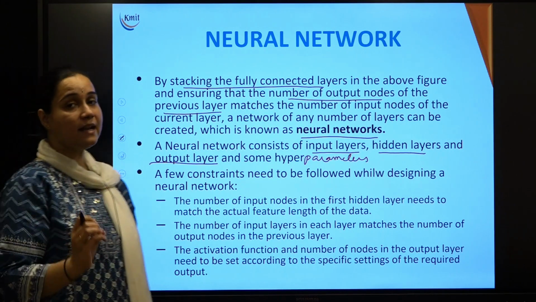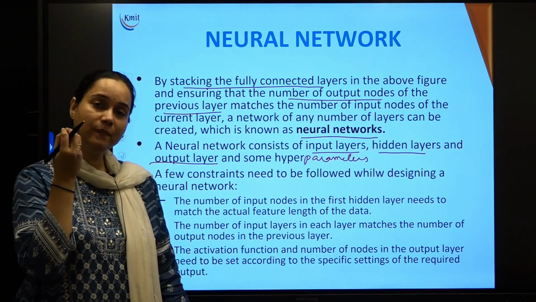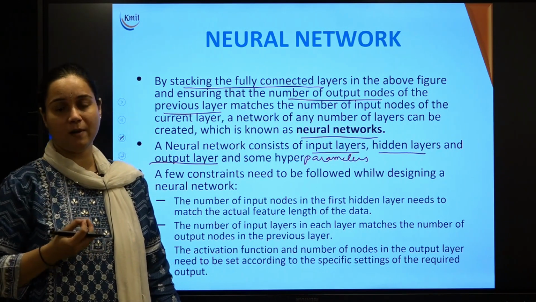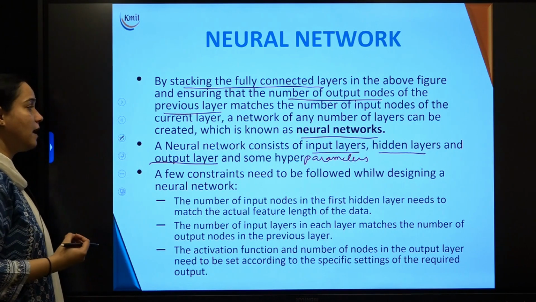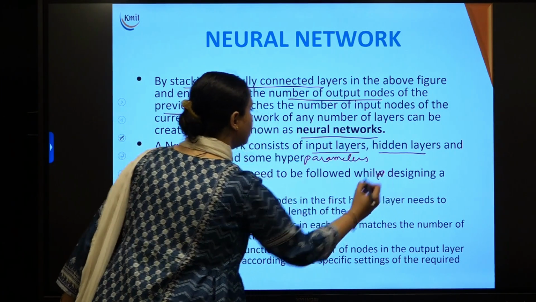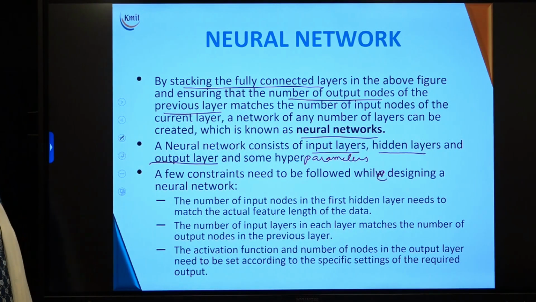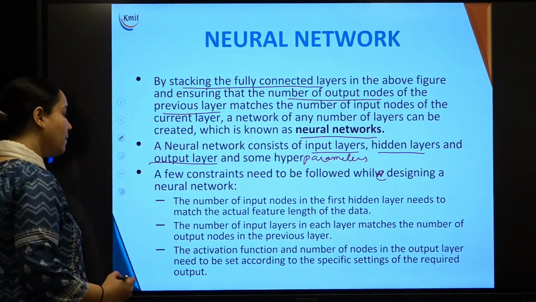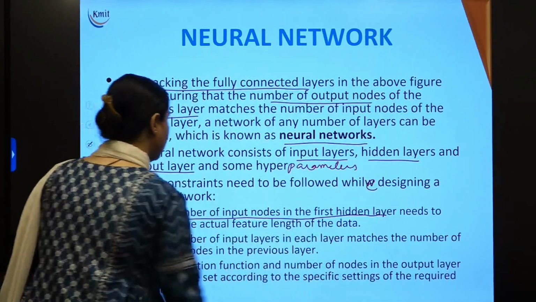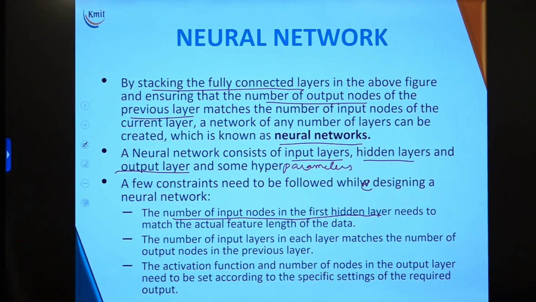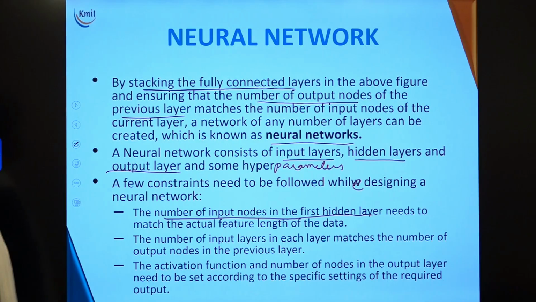But while designing the neural network, there are some things you should keep in mind, which we call constraints. What are the constraints to be followed while you design a neural network? The first thing to note is that the number of input nodes in the first hidden layer needs to match the actual feature length of the data.